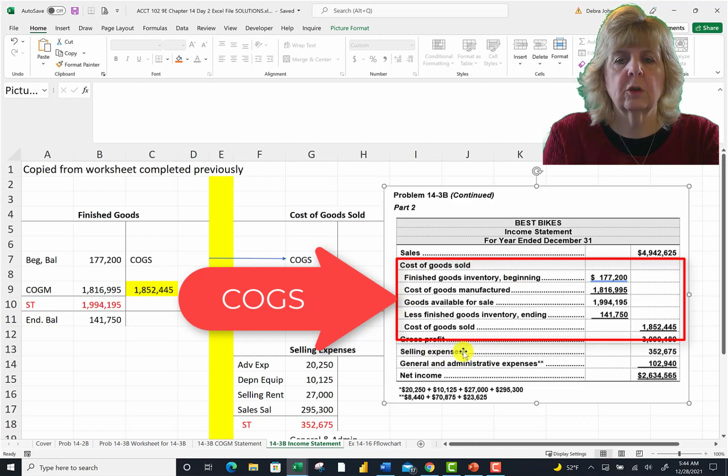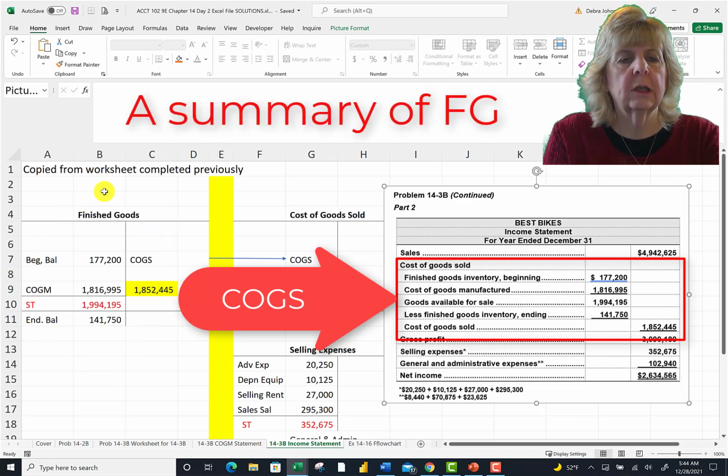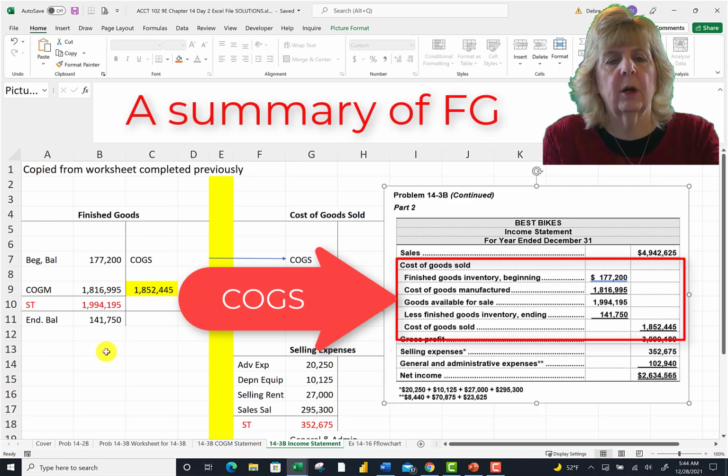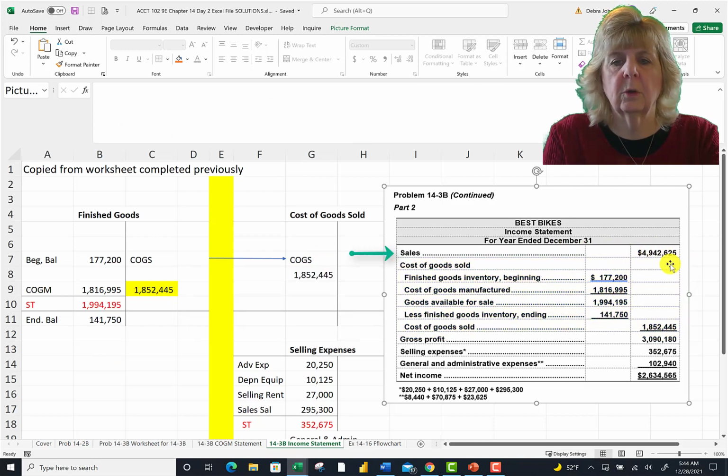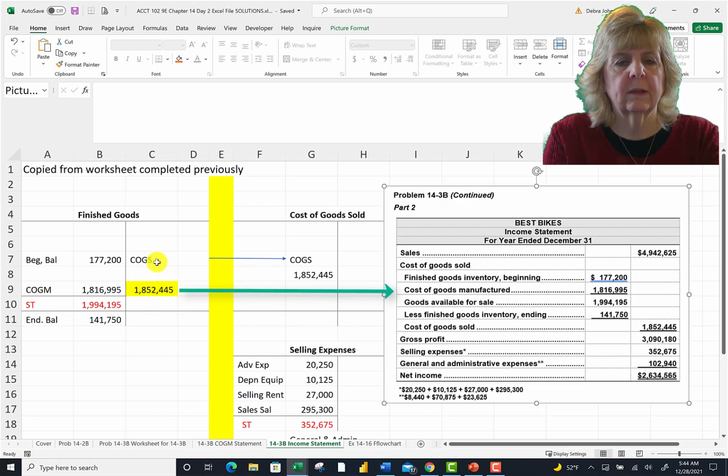As we mentioned earlier, cost of goods sold is just a summary of the finished goods T account that we work so hard on. So take a few minutes, maybe even pause the video, to make sure you understand where every line item is coming from. The sales was given to us. The cost of goods sold was computed previously. You can see that carried over.